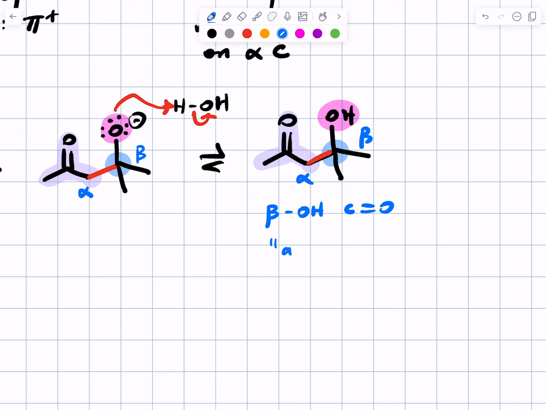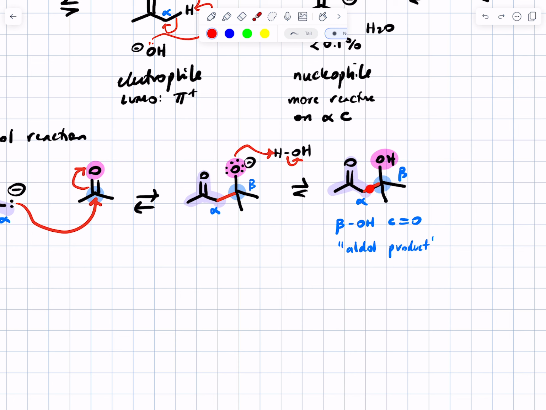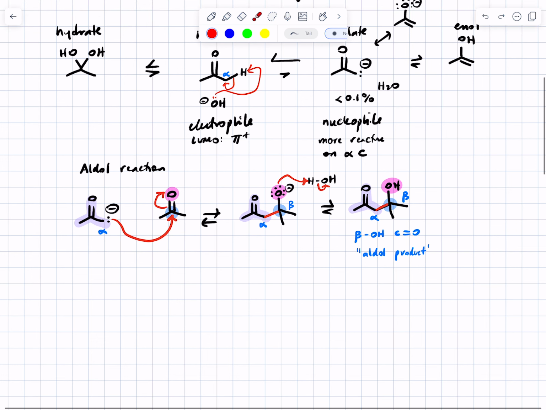Or in other words, we will call that an aldol product. If you see a beta hydroxy carbonyl compound, you should be thinking, I could have made the carbon-carbon bond between the alpha and the beta carbons through the aldol reaction, through attack of an enolate on a carbonyl.